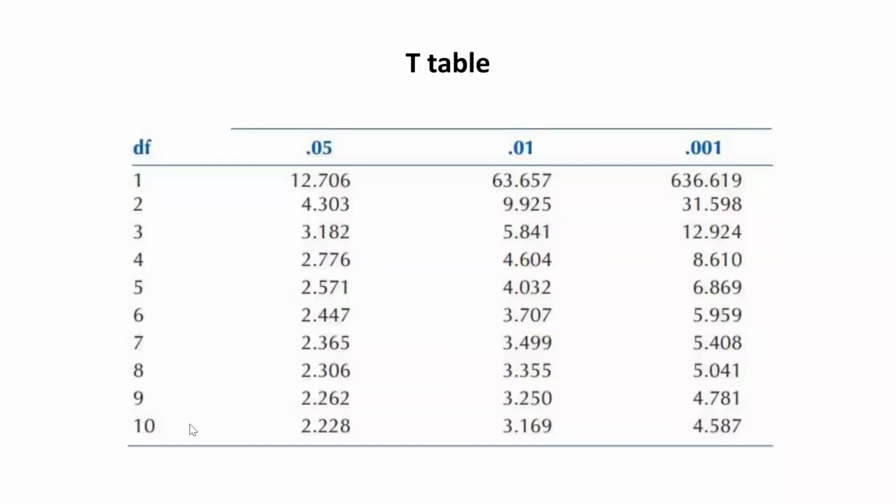This is the table, and where do we have 10 in this table? We have our 10 here, and it's under 0.05 probability. So we come directly here and take our value as 2.228.